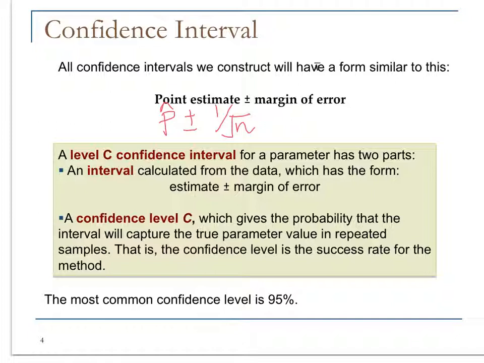But after learning this lecture, you should feel really comfortable calculating an 80%, an 85%, a 99%, or a 68% confidence interval, and we'll learn how to do that. When I say 68 or 90%, I'm referring to what? Different levels of confidence, so different C levels. Level of confidence is something you can decide as the researcher, as the statistician. But I really recommend that you stick with the 95%.